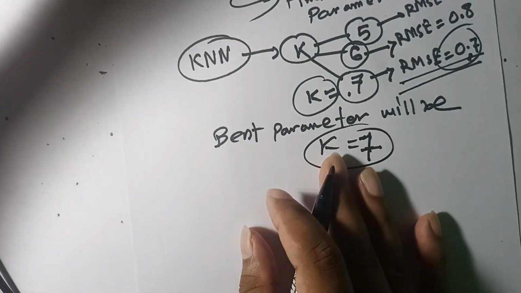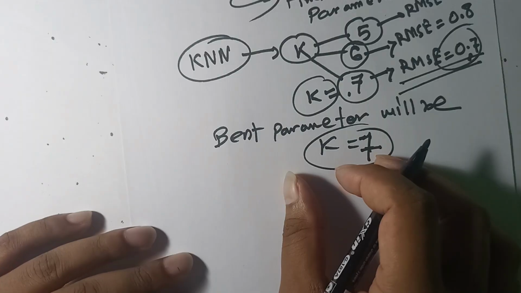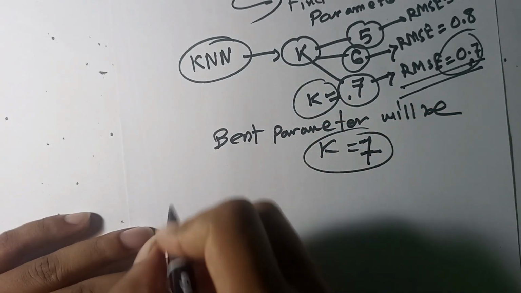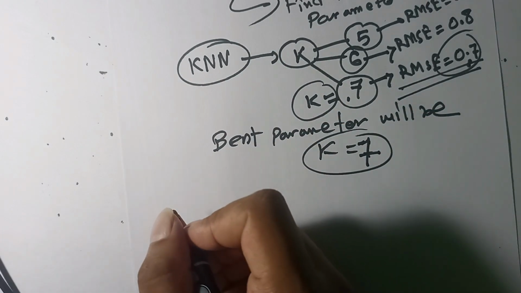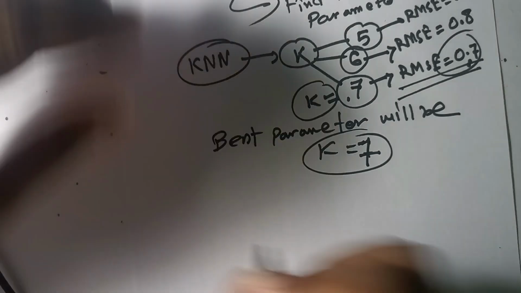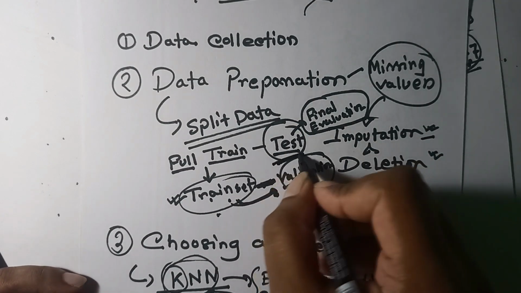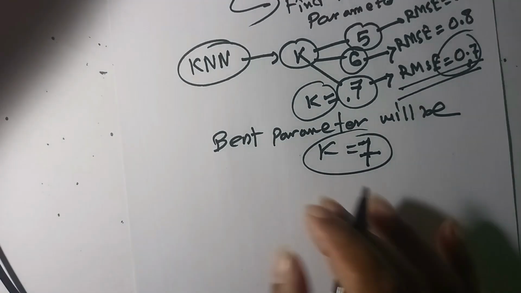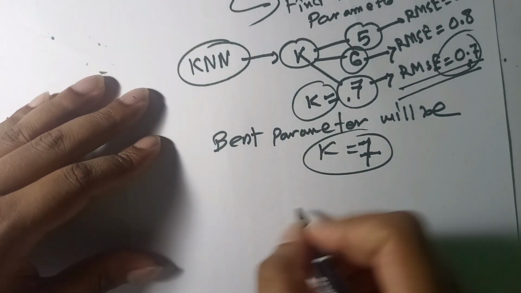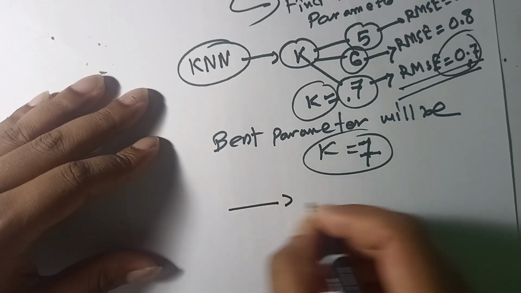Now we will select this best parameter and perform our final call, where we separated this test set. We run our experiment again, we train again, and this time we evaluate through the test set.